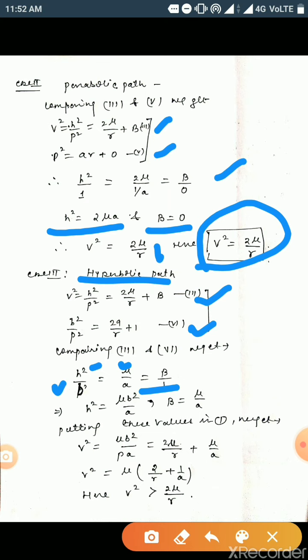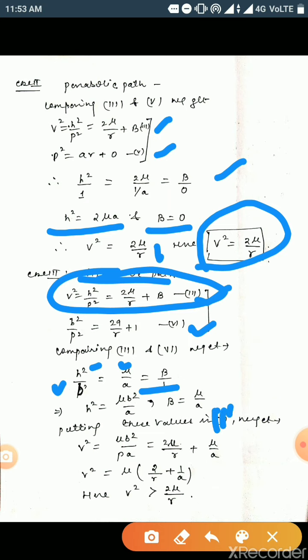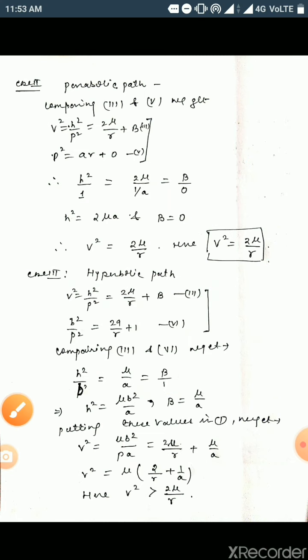Putting this value in equation 3, we have v square equals mu b square by pa equals 2 mu by r plus mu by a, and therefore v square equals mu into 2 by r plus 1 by a, and therefore v square here is greater than 2 mu by r.